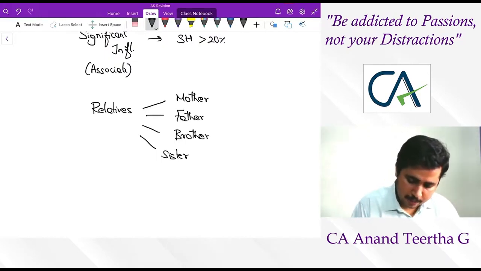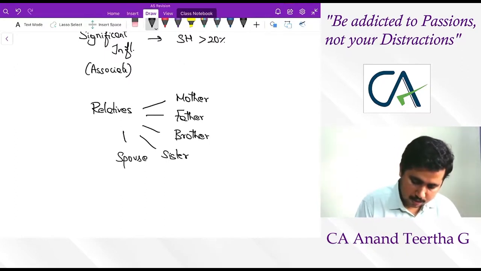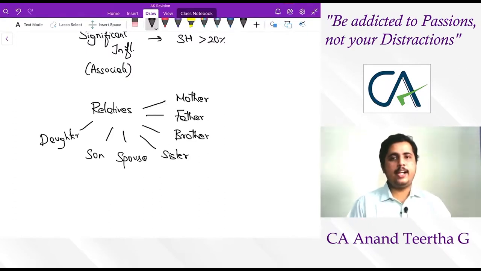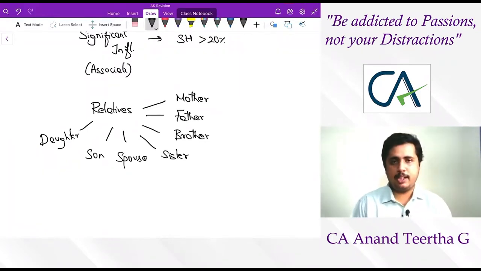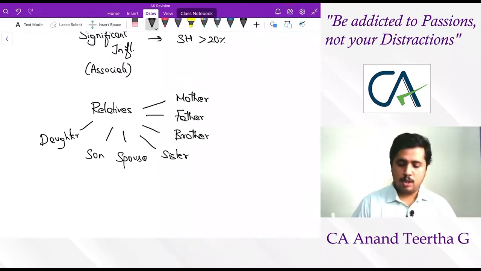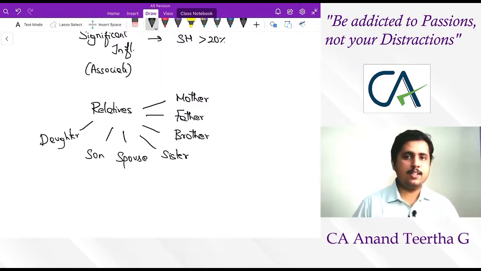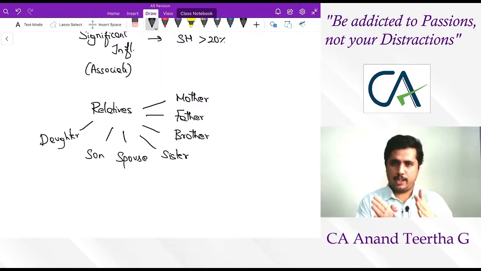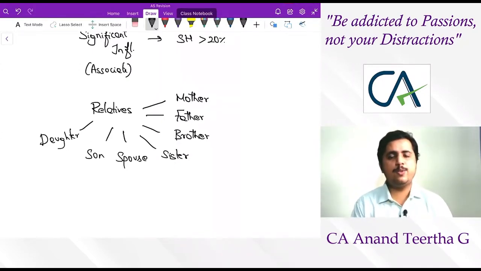Then it will be spouse, then son, daughter. These are the relatives for the purpose of point number 3 and point number 4. So father, mother, brother and sister, spouse, son and daughter. Don't consider anybody else. For example, grandfather, grandmother, no. Brother's wife and sister's husband, no. All these people are excluded. Only these people are considered as relatives for the purpose of this particular standard.